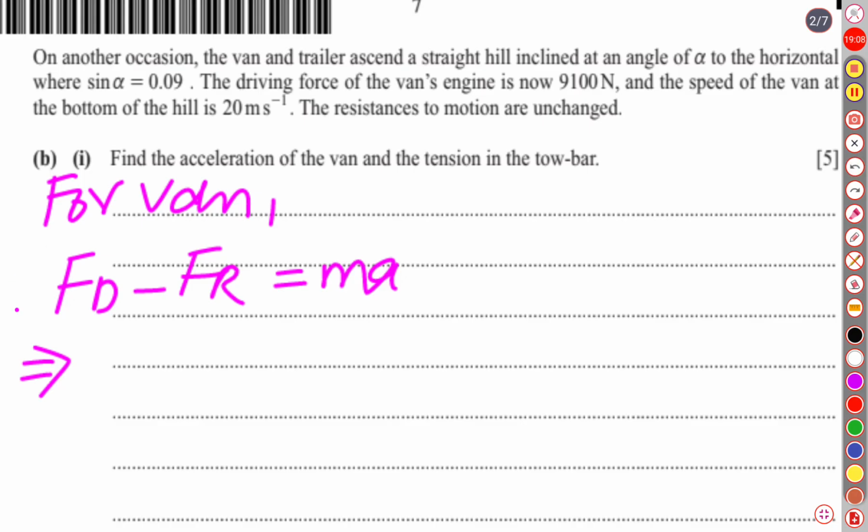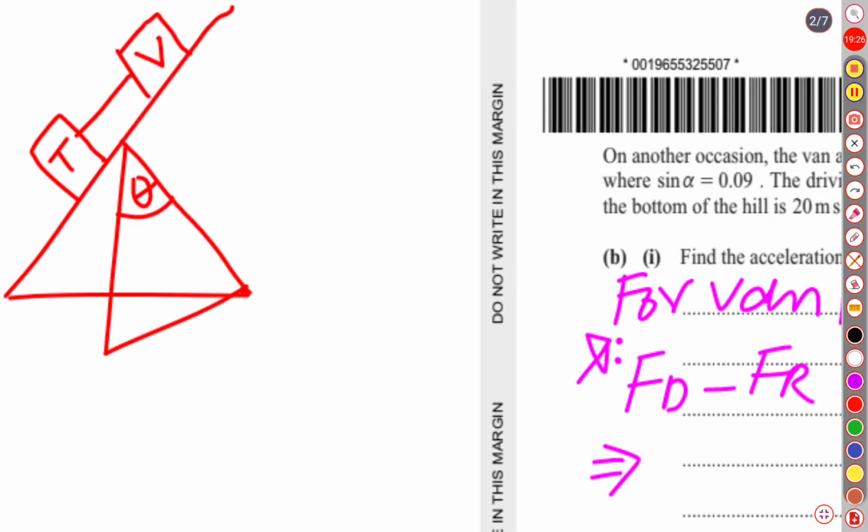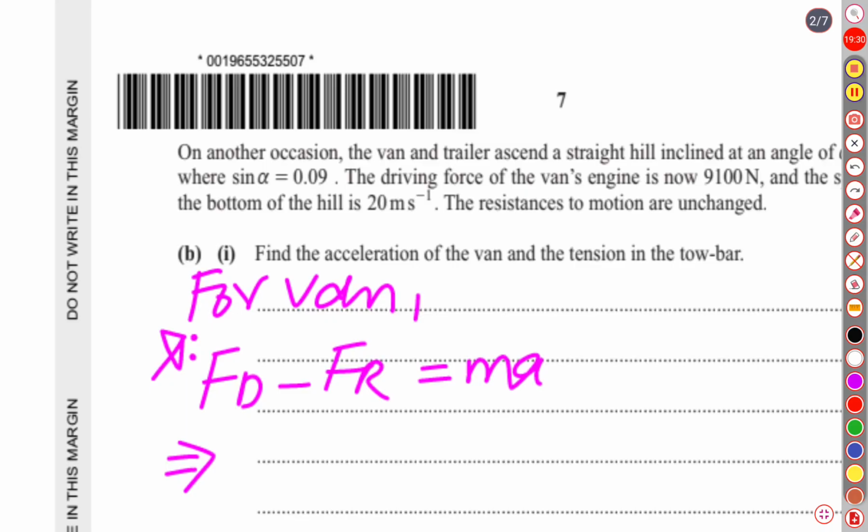Let's see what is acting as the driving force, and the van is moving upward. What is the driving force? If we look at the diagram, the driving force is nothing but the driving force of the engine. It is given: the driving force of the van's engine is 9100 Newton. So we can use 9100 Newton.